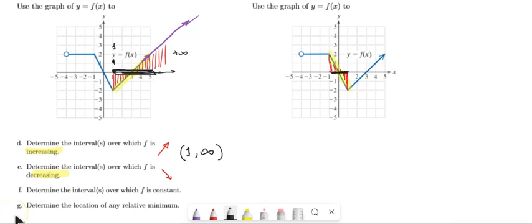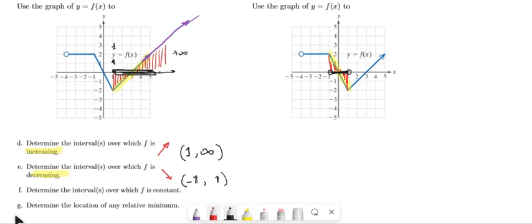That part is extending from -1, this part here, all the way to 1. So you can write your interval as -1 comma 1, and again we deliver the interval in open format.